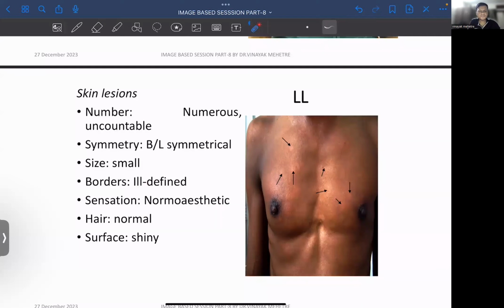But remember, there will be no single patch. It will be all over the body. ठीक है, it will be all over the body.